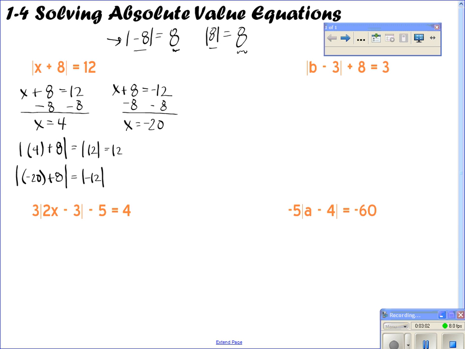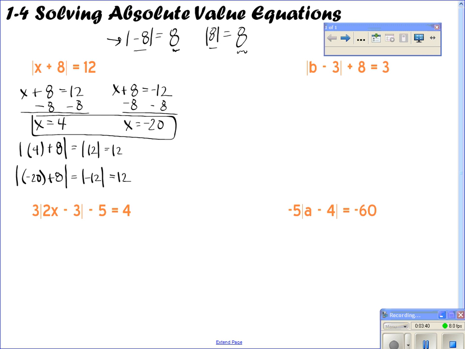But since we're taking the absolute value of it, we still get our answer of 12 that we want. So you're always going to have 2 solutions whenever you have an absolute value. So this is as far as you need to go, right here. X equals 4 and x equals -20. So that's all the further we're going to go on the next 3 problems. This was just showing you why there's 2 answers, because both of them work. Both of them give us 12 for an answer.